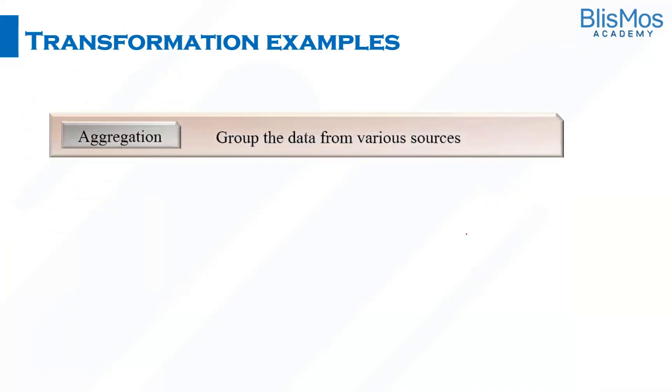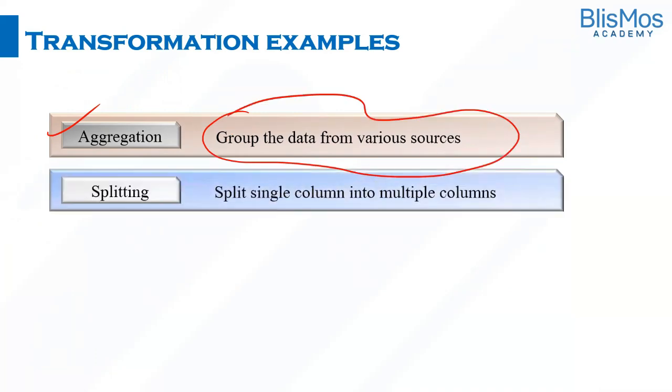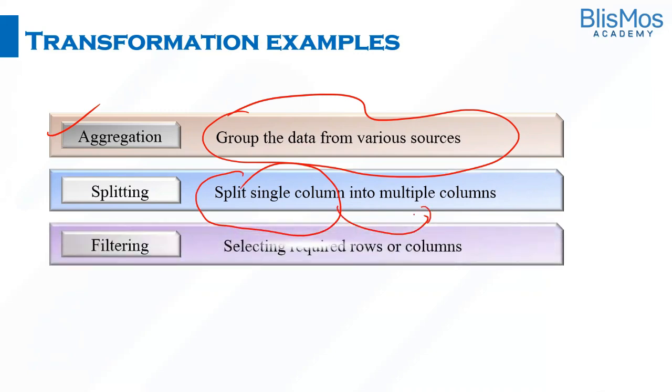We do have different transformations. We have already seen them as a part of our earlier videos. And just to recap, we have aggregation, where we are grouping the data from the various sources. We do have splitting. We have one column in a source and that will be split into multiple columns in target. We have filtering. We want to only filter the records according to some logic.